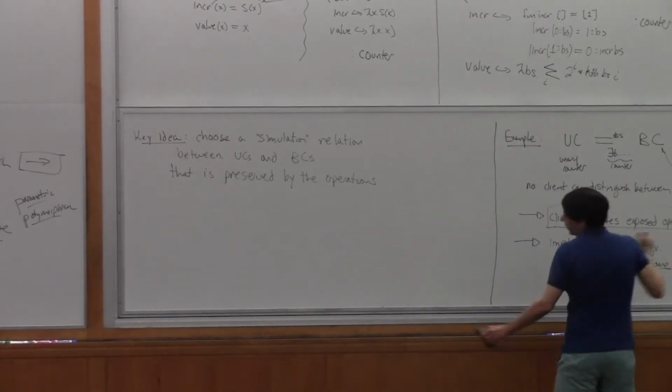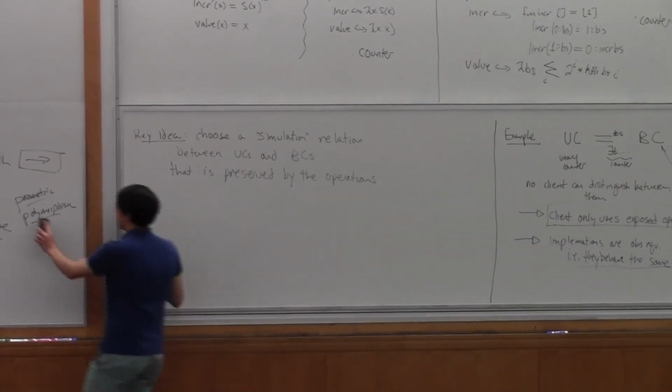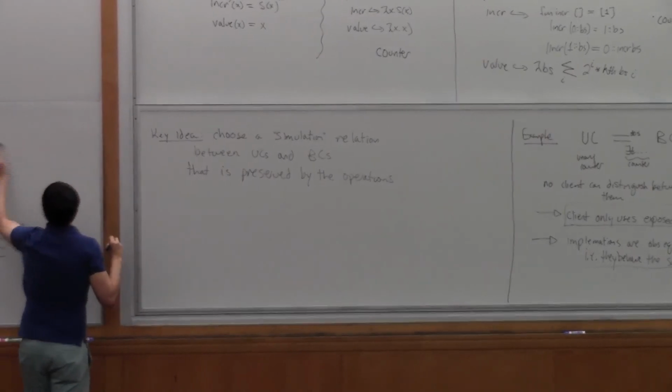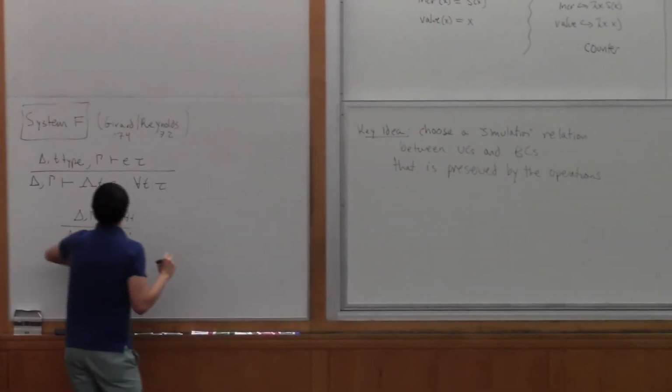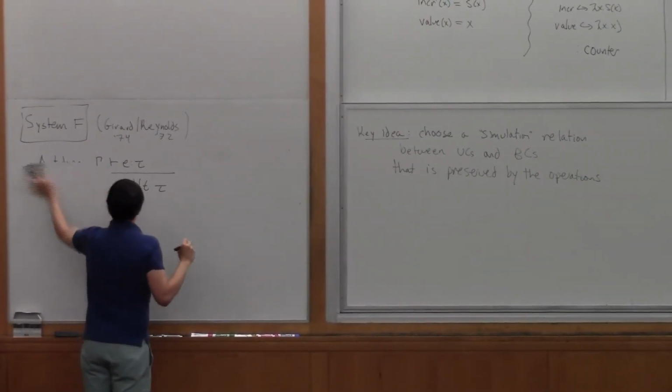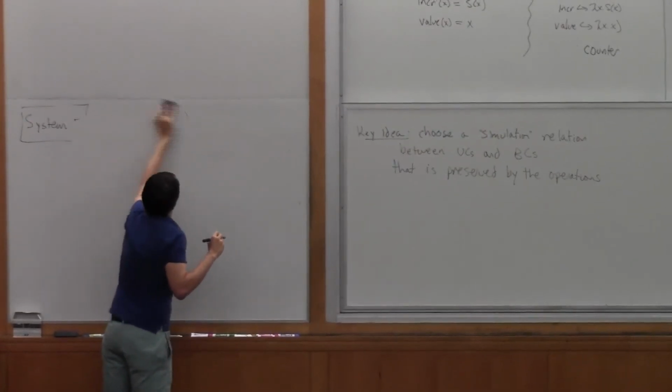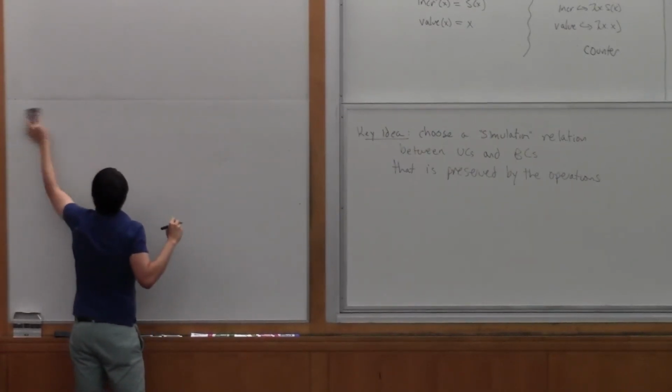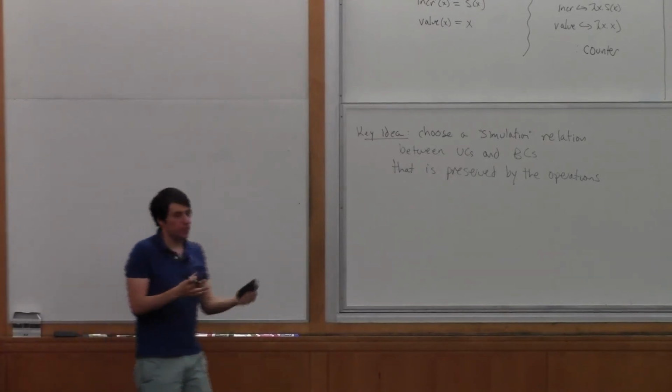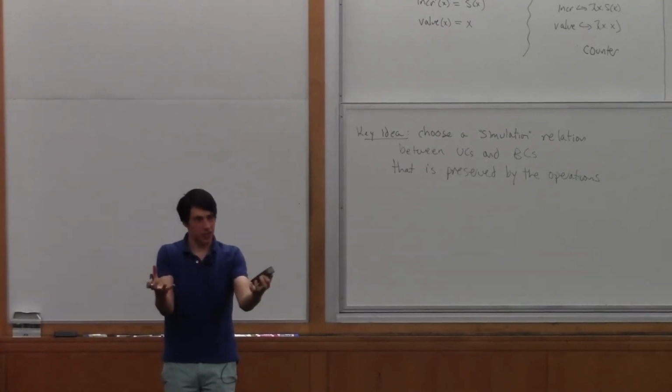Okay, so what do I mean by choosing a simulation relation? What I mean is that, simulation doesn't mean anything there. It's just kind of for intuition. We want to say when one unary counter represents the same conceptual counter as a binary counter, right?